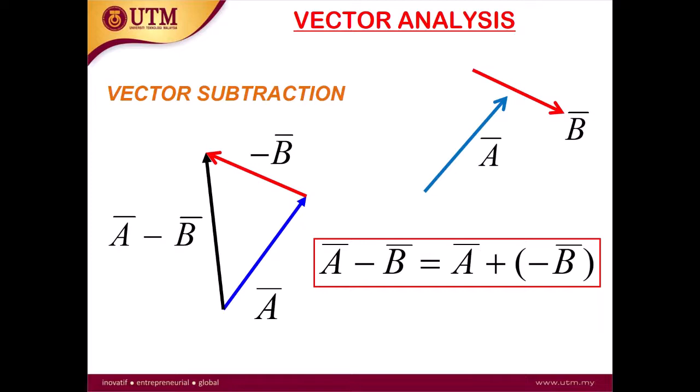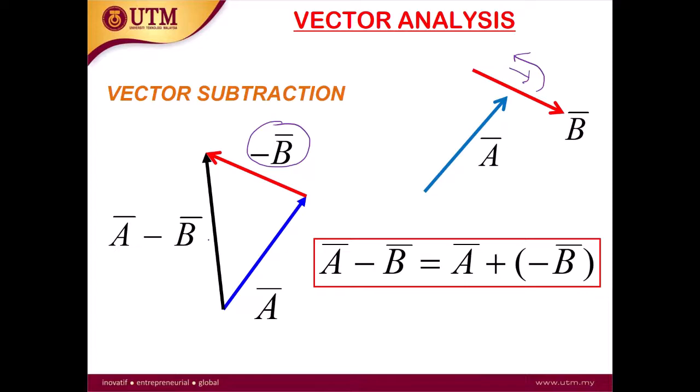Next, for vector subtraction, with the same vectors, I want to compute A minus B. Here, A minus B is basically just reversing the direction of B. We know that B is in this direction. When we reverse the direction, it becomes minus B. So this is subtraction.